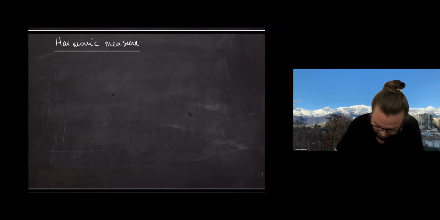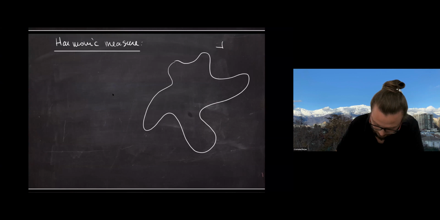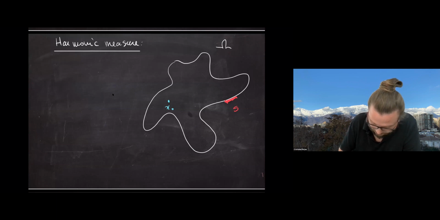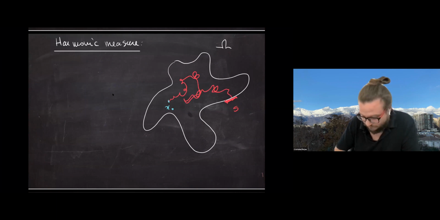And so the idea is that if we have some domain, omega, and let's say a given point inside, x0, and we pick, for instance, a subset of the boundary here, S, then the probability given by the harmonic measure to S is what we mentioned in Brownian motion, the probability that it exits there.